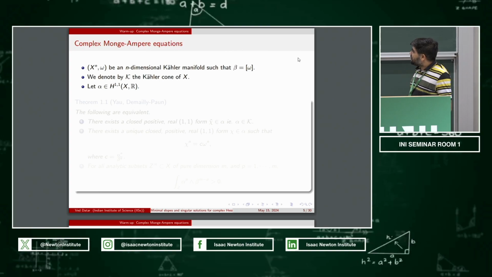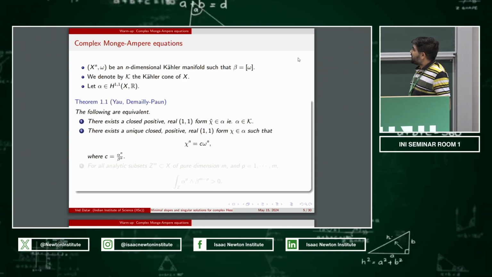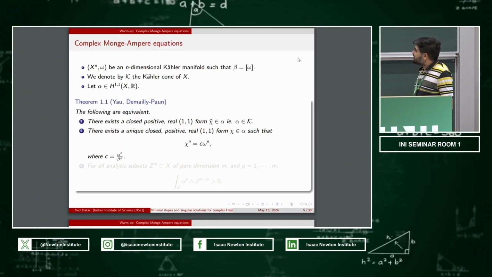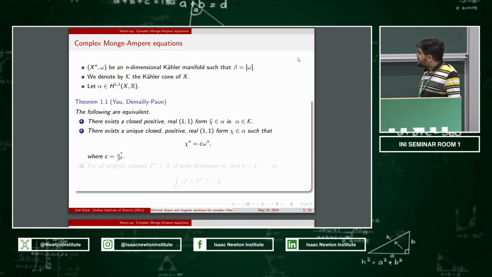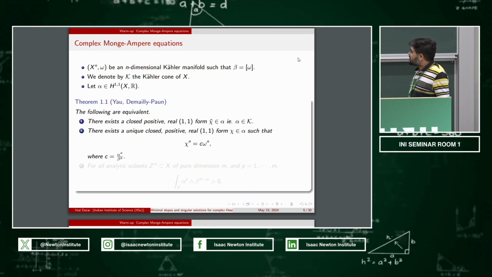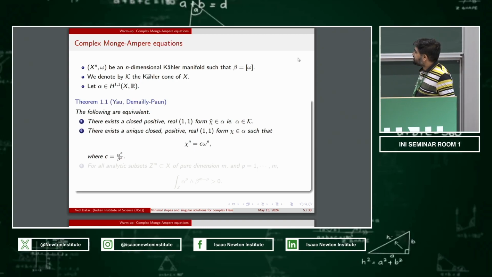But right now alpha is just some real (1,1) class. Then of course there's this famous theorem of Yau, namely Yau's resolution of the Calabi conjecture, that the following are equivalent: there exists a closed positive real (1,1) form in alpha, which just means that alpha is a Kähler class. This is equivalent to actually solving the complex Monge-Ampère equation in the category of positive forms.